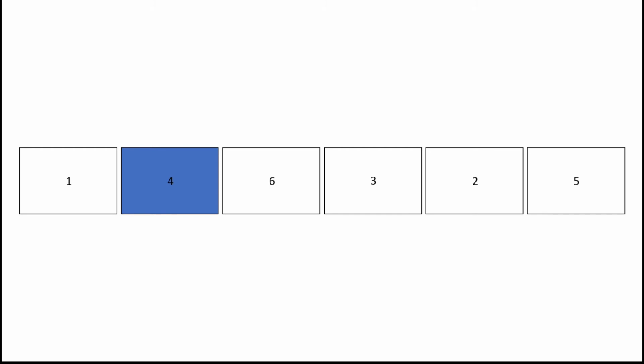This is my current smallest, so I will compare it to my next index in line, 6. 6 is greater, so I will move on and not do anything with my new smallest value. 3 is smaller than my current smallest, 4, so I will make that the new smallest value. 2 is less than 3, so I will make it the new smallest value. 5 is not smaller than 2, so I will keep the value at 2 and do nothing, and instead get to the end of my list, and since I've reached the end, I will swap my smallest with my current index. You'll notice now that my first two elements of my list are now sorted.